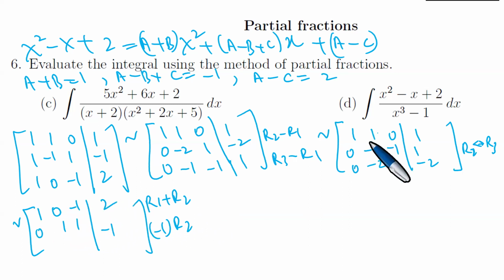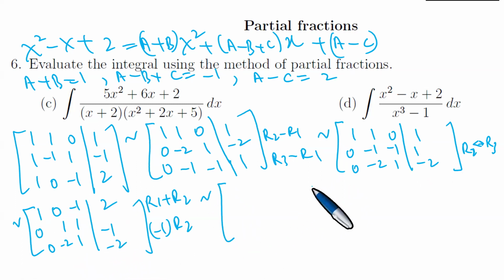If you add row 1 and row 2, you add 0 plus 1, you get a 1. You add 1 and minus 1, you get 0. You add minus 1 and 0, you get minus 1. You add 1 and 1, you get a 2. Simultaneously, the third row remains unchanged.